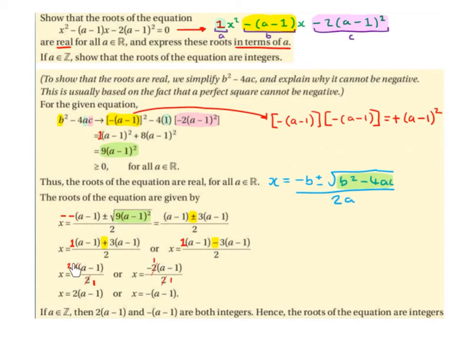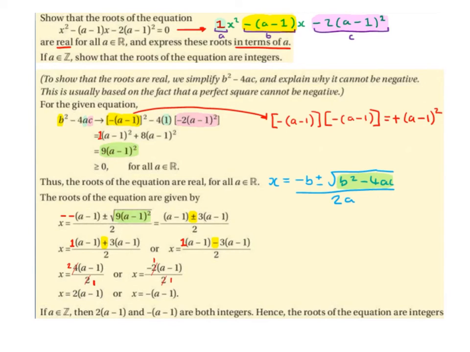So we have 4(a minus 1) still divided by 2, and minus 2(a minus 1) still divided by 2. Now we can simplify. What will divide into 4 that will also divide into 2? Well, 2 will. 4 divided by 2 is 2, and 2 divided by 2 is 1. So you get 2 multiplied by (a minus 1).